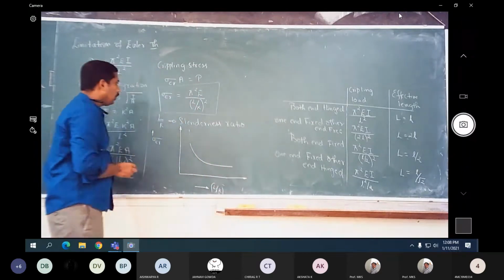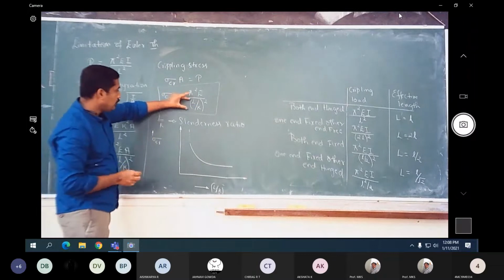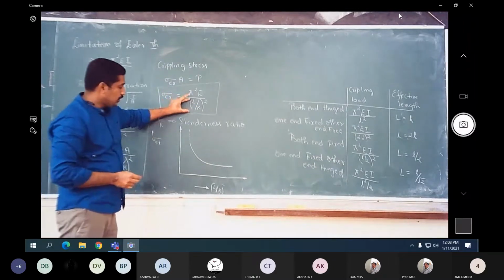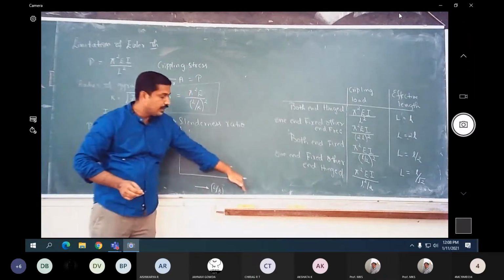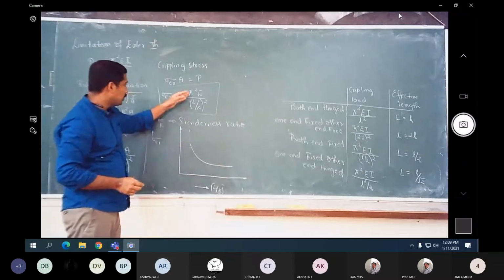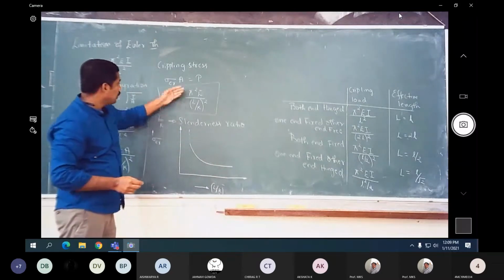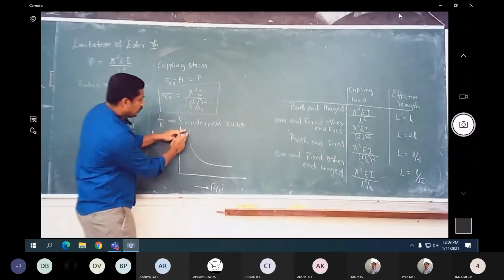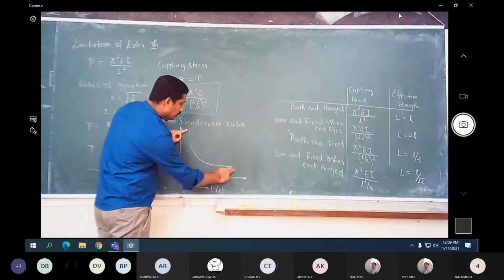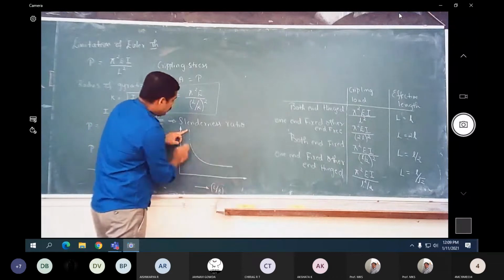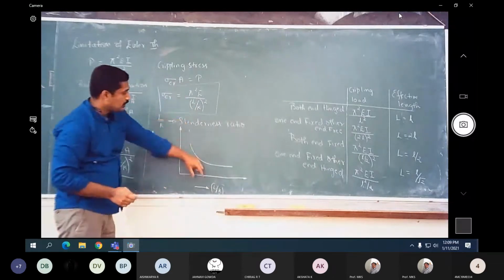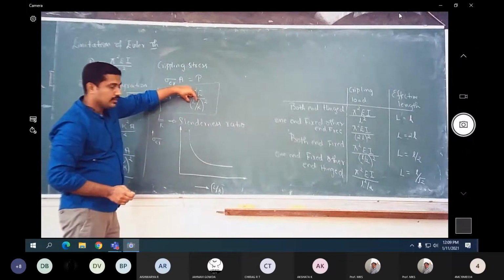You can look at the equation. When the slenderness ratio L by K increases, it is obvious from the equation that the stress value is going to decrease. So this is what happens when the slenderness ratio is increased. It is maximum when the slenderness ratio of a column is lesser.